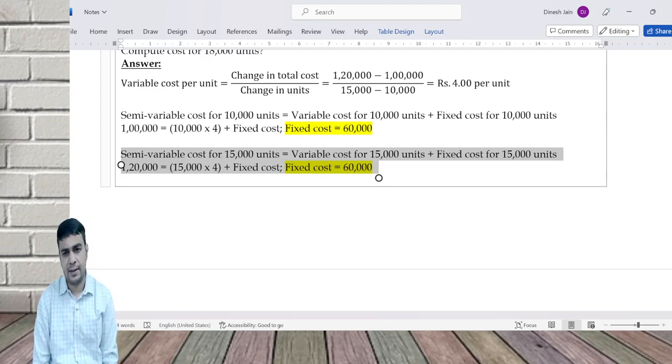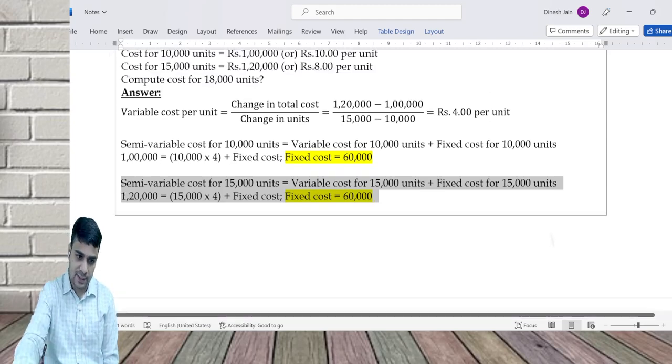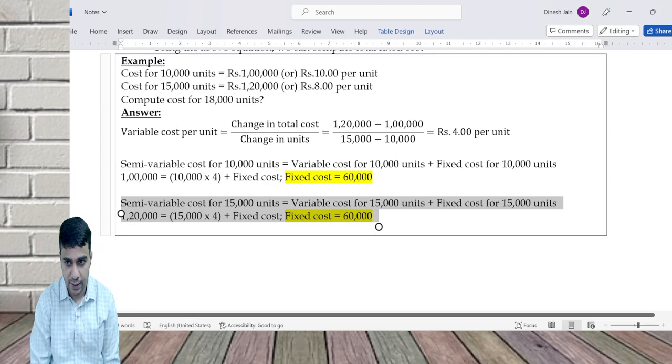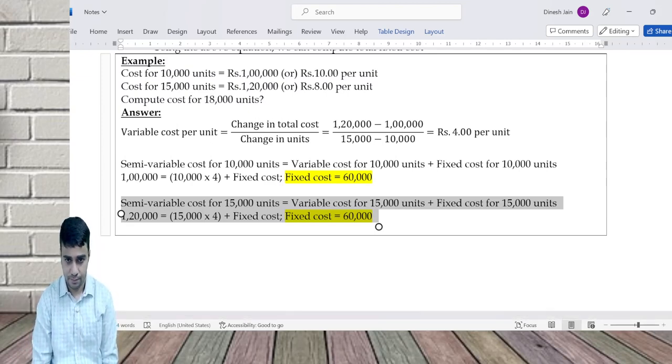Sometimes 3 different activity levels will be given, 4 different, doesn't matter. This is how I'll calculate the variable cost per unit and the total fixed cost, which is 60,000.